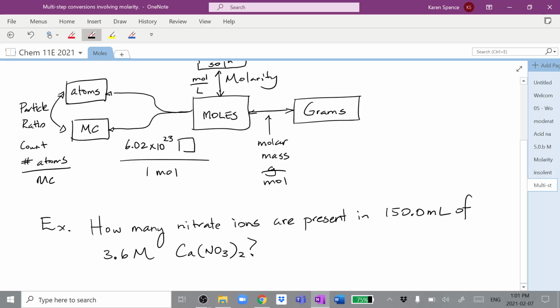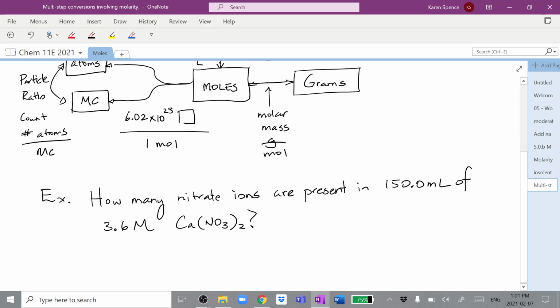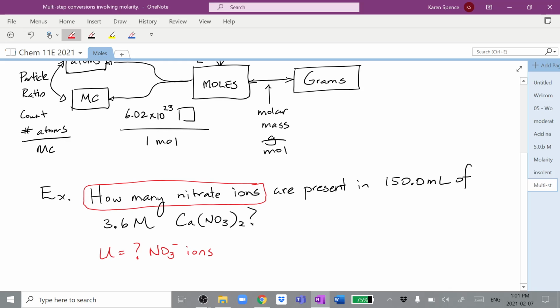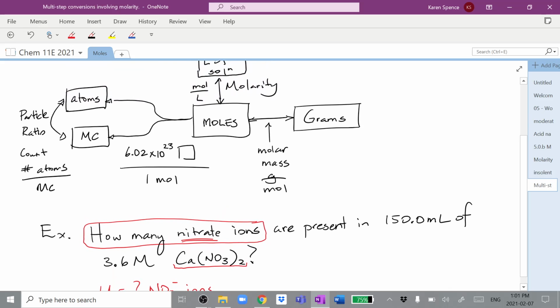All right. Now, let's start by identifying a few things. We have how many nitrate ions. That is our unknown. So you'll notice right off the bat, we're dealing with two different substances here, nitrate ions, and we're also dealing with calcium nitrate. So remember, as you go back and forth across your conversion chart, you have to be in the same substance.